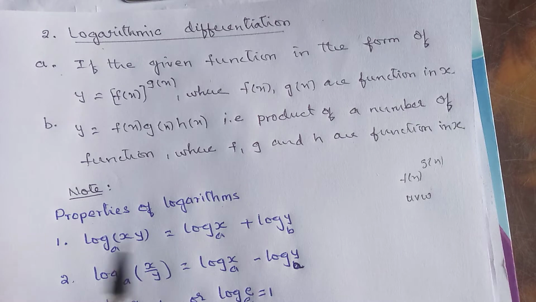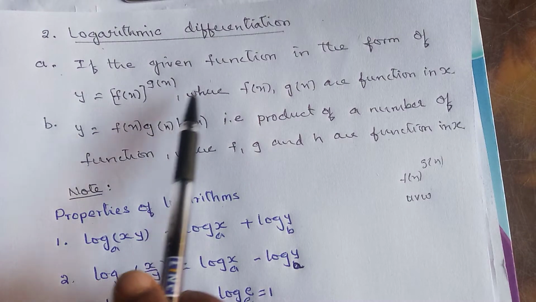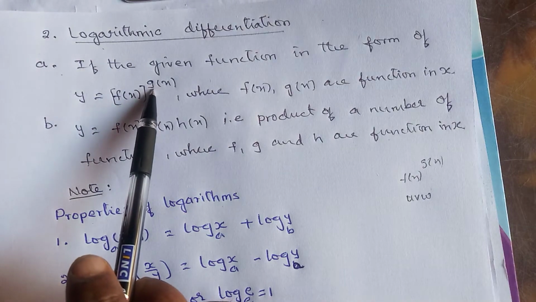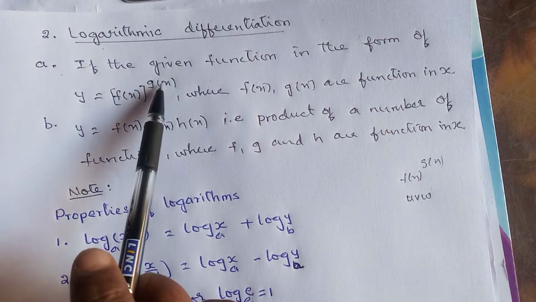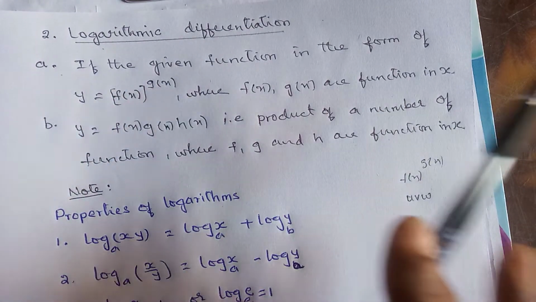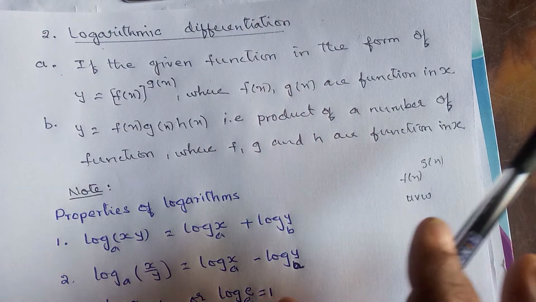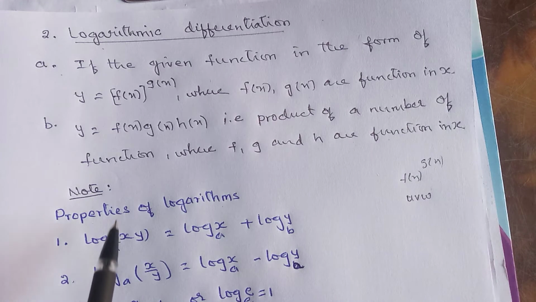If the given function is in the form y equals f of x to the power of g of x, and both must be functions of x only, then you can use logarithmic differentiation to find dy by dx.